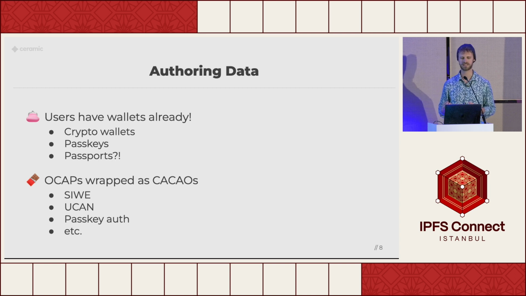But there are also things like passkeys, which is this new standard developed by some of the larger companies that are making phones or browsers that basically allow you to do a single no-password sign in to any type of Web 2 service, but they could also be used to author data in the Web 3 context. And one thing I've discovered recently is that newer passports actually also have a cryptographic key embedded in them that you can use to author data with.